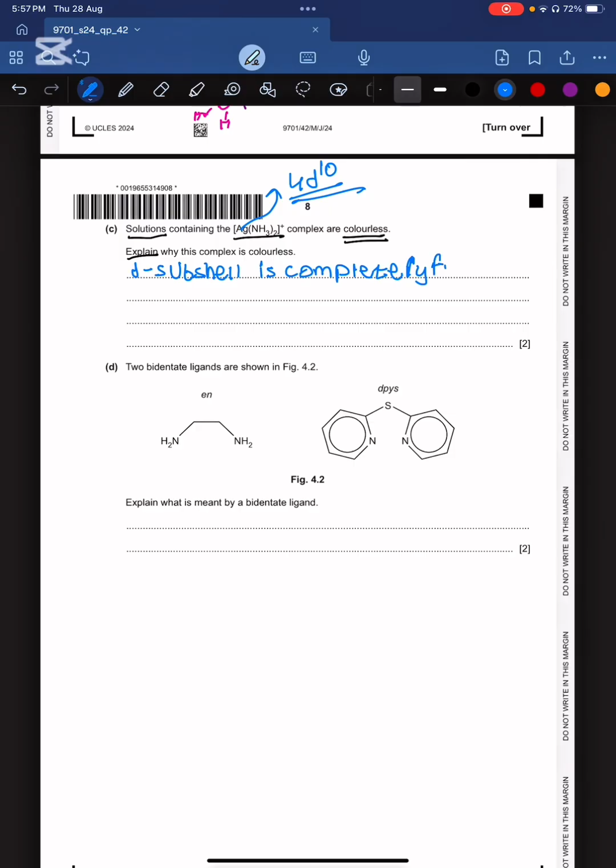Now you might think that I'm repeating again and again, but it's just so that you can remember it for a longer amount of time. The d subshell is completely filled, so the d-d transition does not take place. Simple as that. No need to write about the delta E values because there is no light that is absorbed.